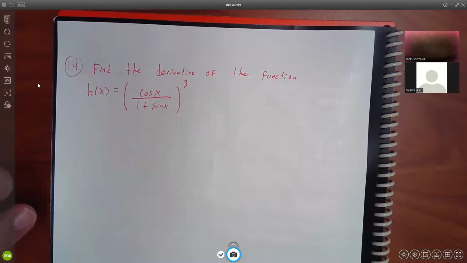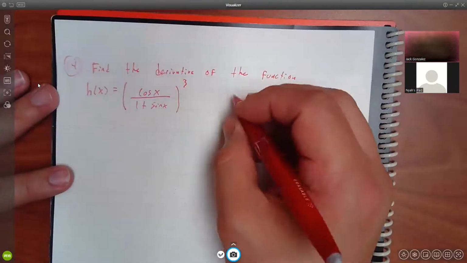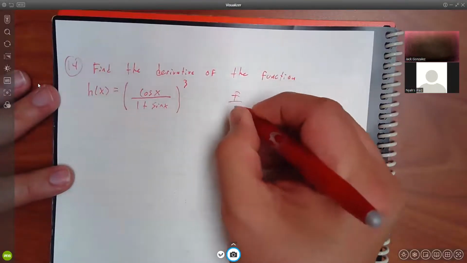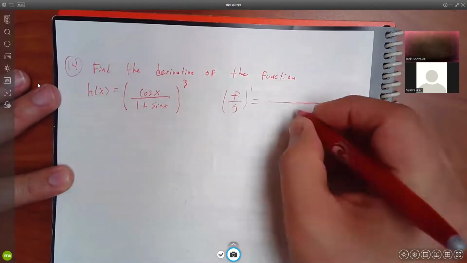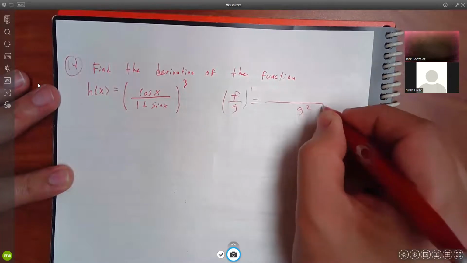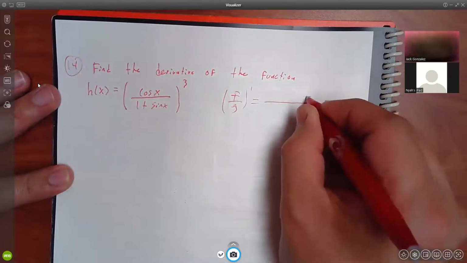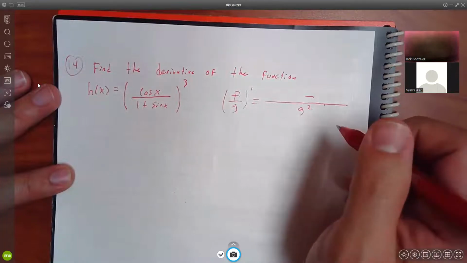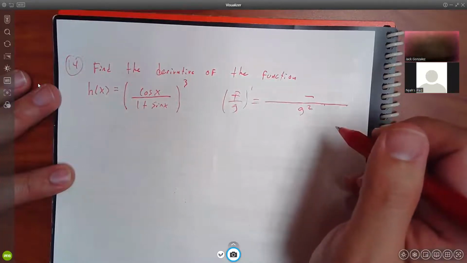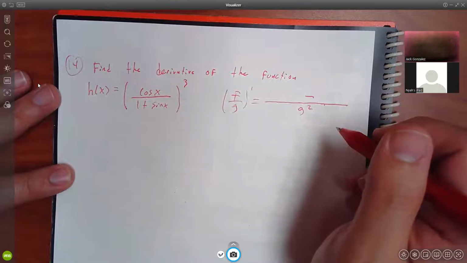What was the quotient rule? F over G derivative, G squared on the bottom, minus, which one goes first? G F prime or F G prime?